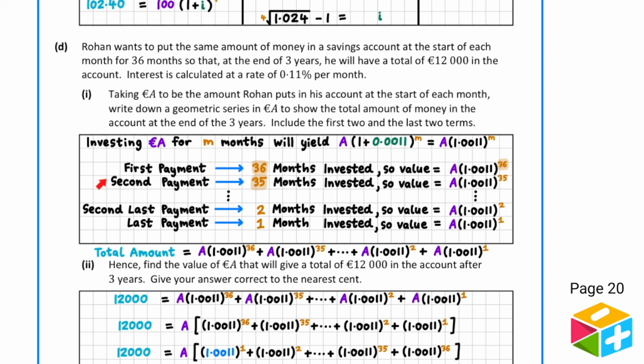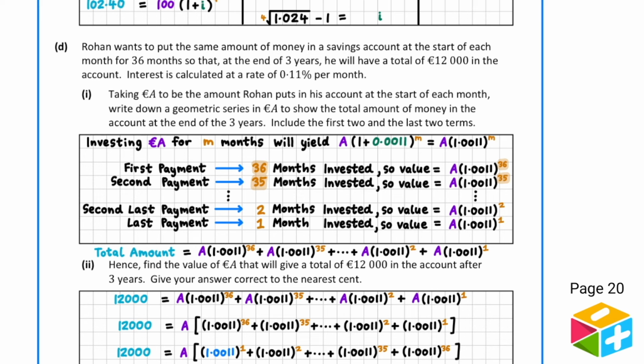So its value at the end will be A times 1.0011 to the power of 35. This pattern continues. The third payment will be invested for 34 months, so the power there would be 34. The fourth payment is invested for 33 months, so the power there would be 33.